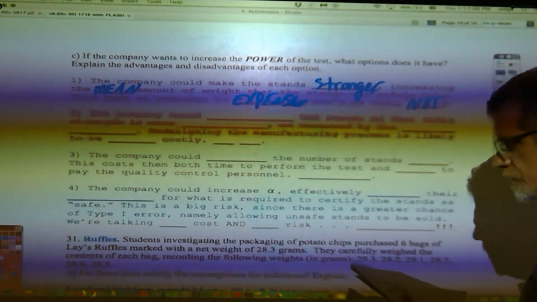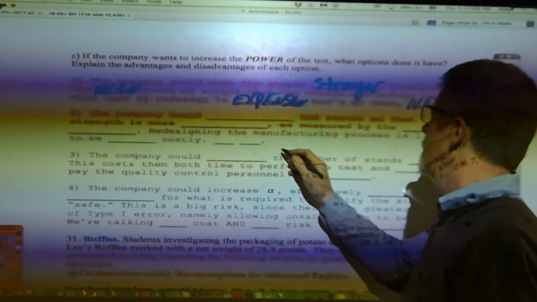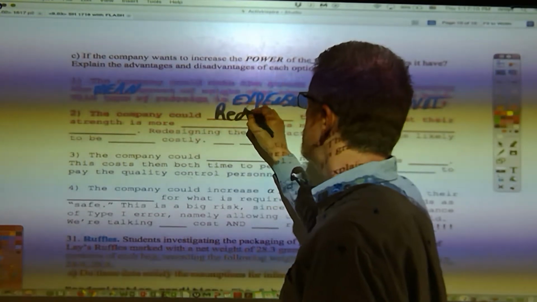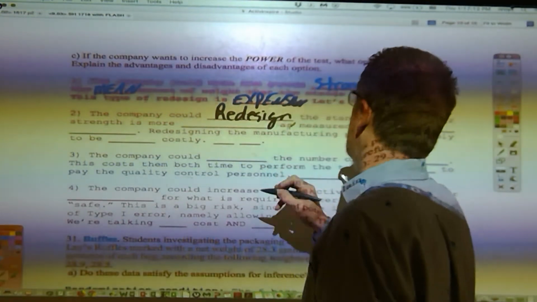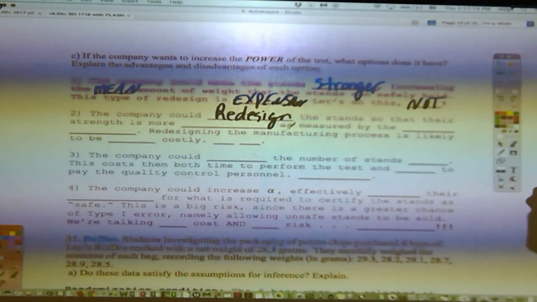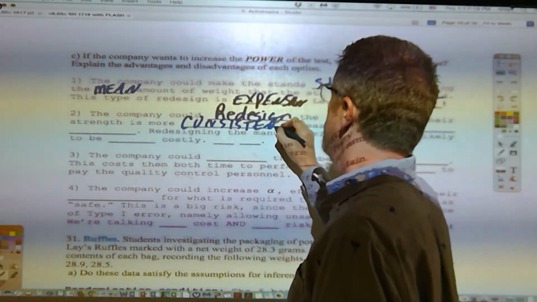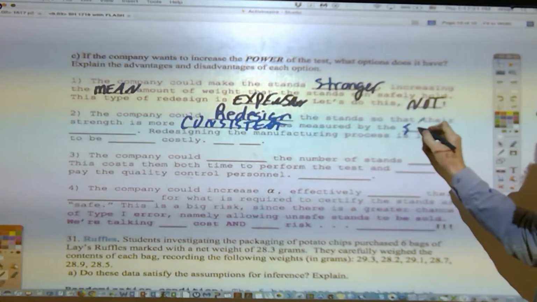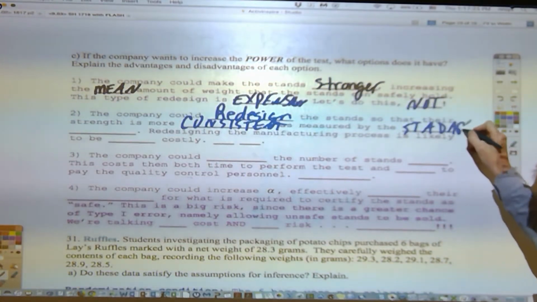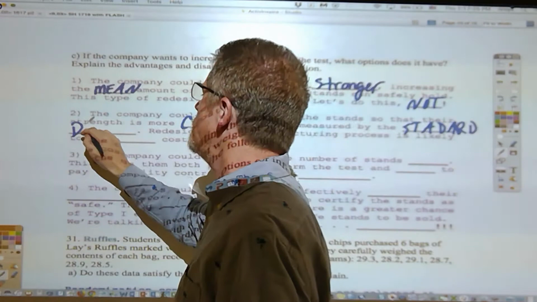Another option is to redesign the stands so that their strength is more consistent, as measured by the standard deviation. Why would this work?